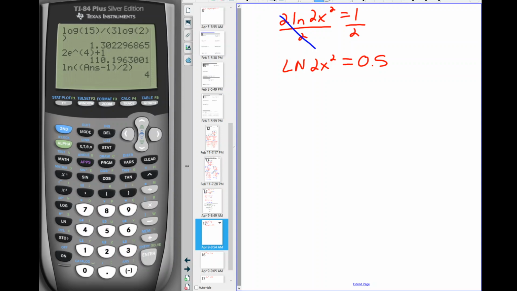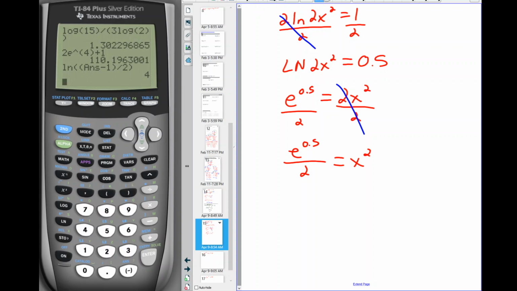Thank you. Convert to exponential. So e to the 0.5 power is equal to 2x squared. And then, yes, Isha. Thank you, Isha. Divide by 2. So we get e to the 0.5 over 2 is equal to x squared.